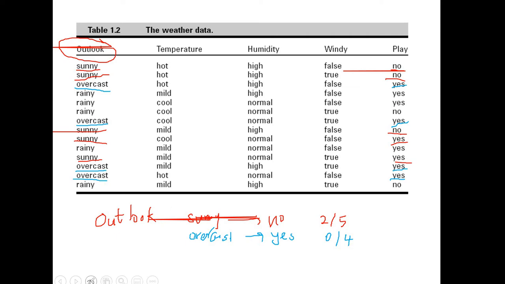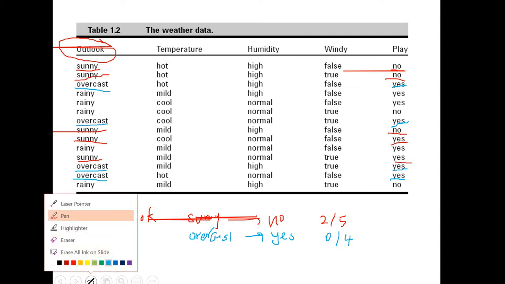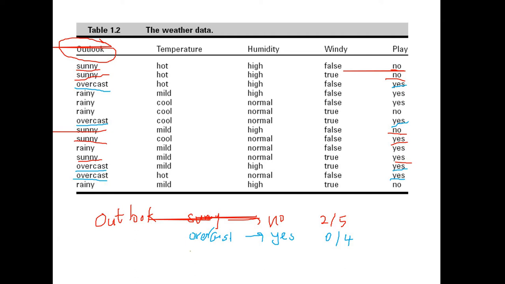Let's look at the third one. When we have rainy, we have 3 instances here, and we have yes, yes and no. Then again we have rainy here, again yes.